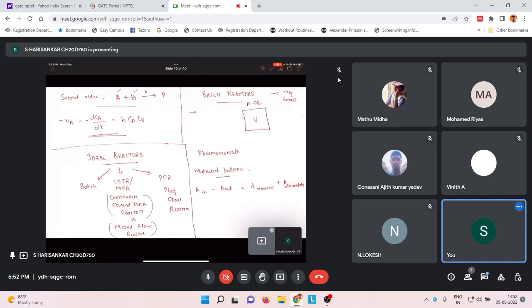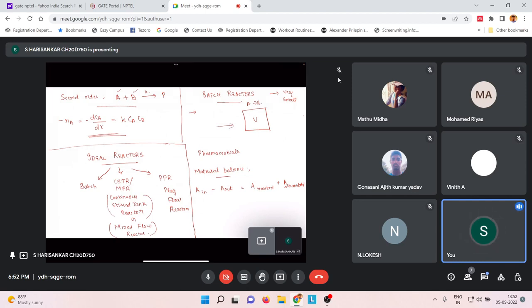So the concept with a batch reactor is that when the reaction happens, there is no A coming inside this system, and there is no A going out of this system, because it is a batch reaction.